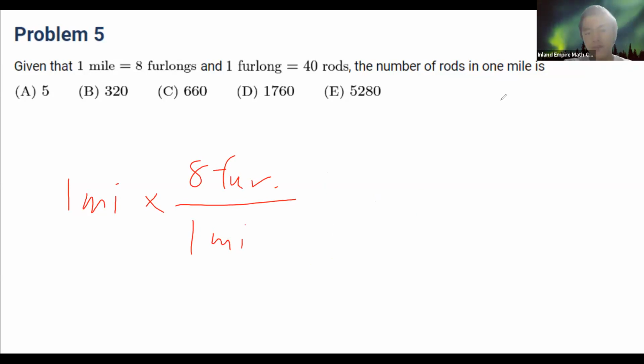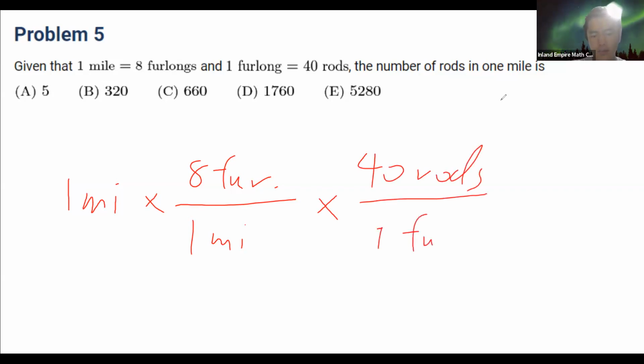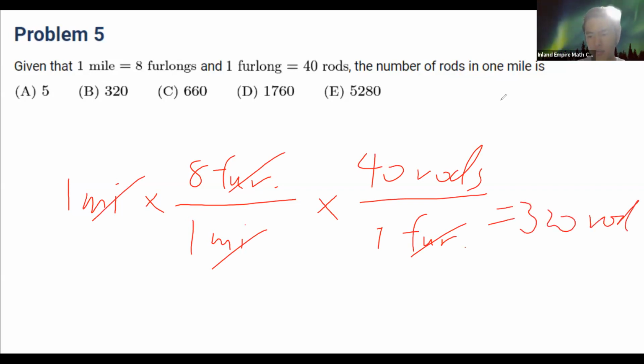Then, since 1 furlong is equal to 40 rods, you can multiply 40 rods over 1 furlong. Now, if you look at the units, they cancel, and you're left with 320 rods. So the answer is B, which is correct.